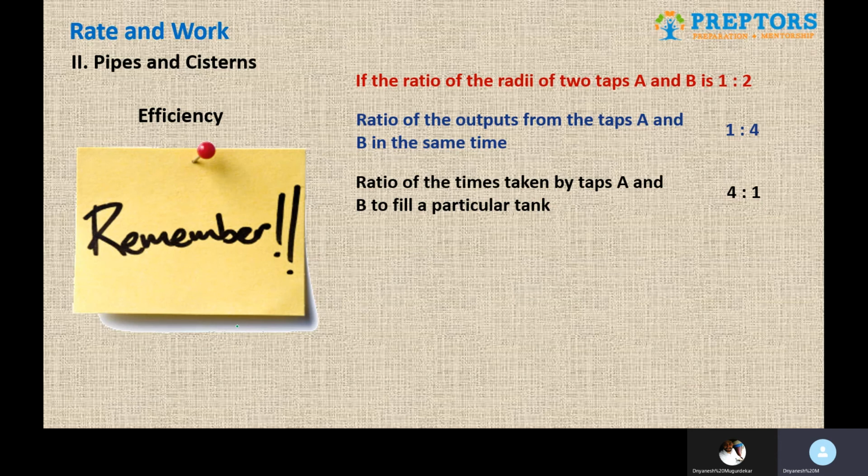Filling the tank is supposed to be the positive work, and emptying or draining the tank is supposed to be the negative work. So whatever numbers and calculations are associated with the leak pipe or the drain pipe, you are supposed to take them as negative. Just attach a negative sign and you will not face any problems as far as problem solving of pipes and cisterns is concerned.